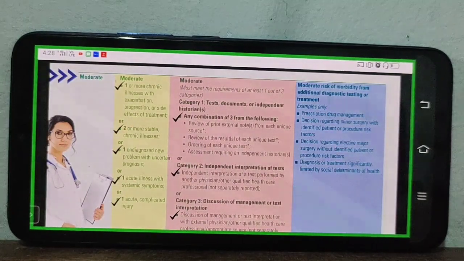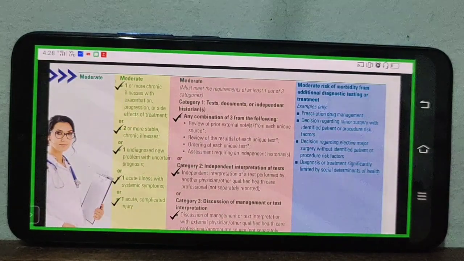See that the top of the table must meet the requirement of at least 1 out of 3 categories. There are 3 categories. In those 3 categories, any one category must be satisfied by our document. Did you understand now? Yes, ma'am.